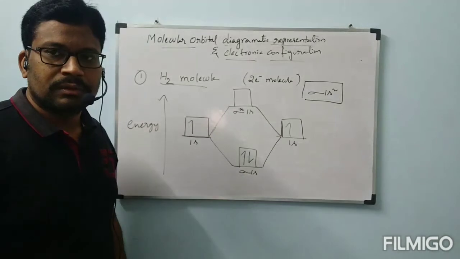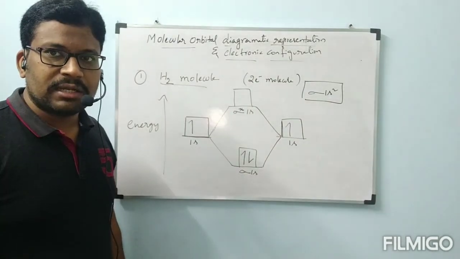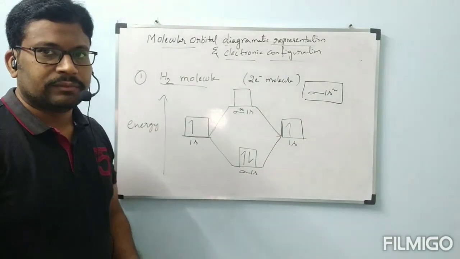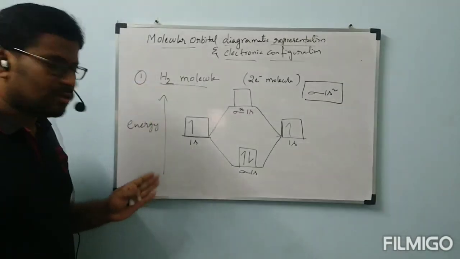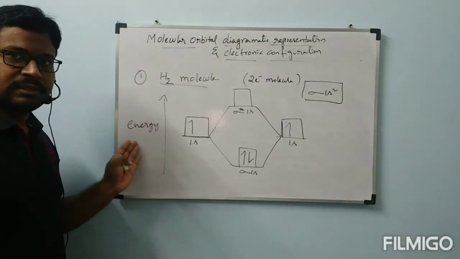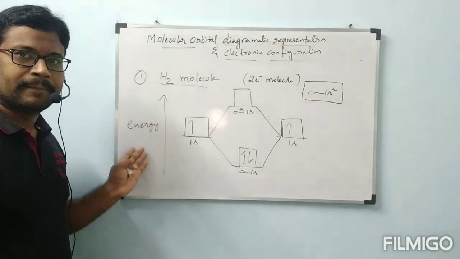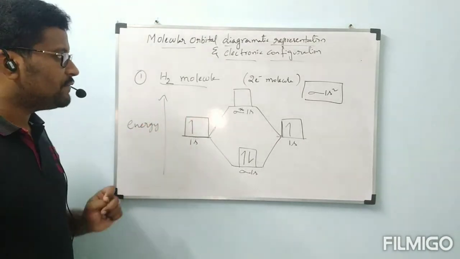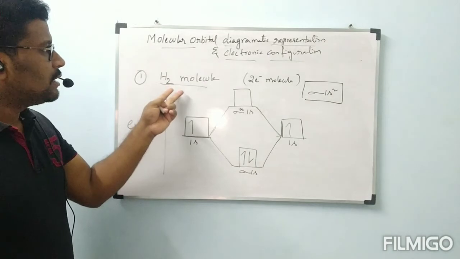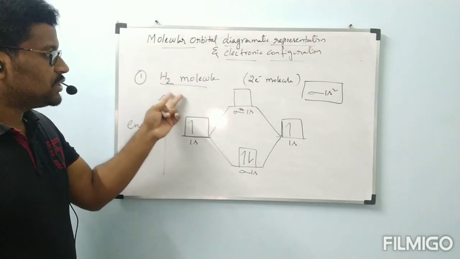If you are very much clear, I will find the bond order. This representation also we have to show: from below to above, energy increases. Okay, note down all of you clearly. This is the molecular orbital diagrammatic representation for the H2 molecule.